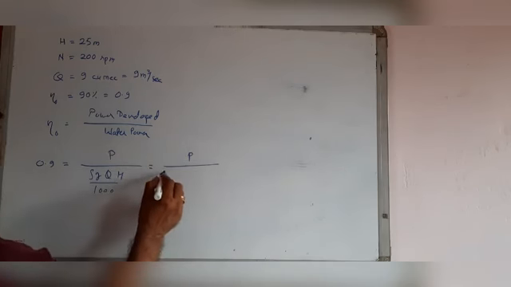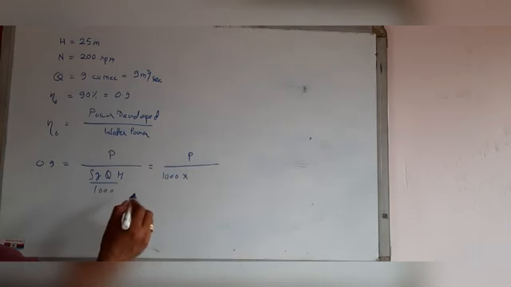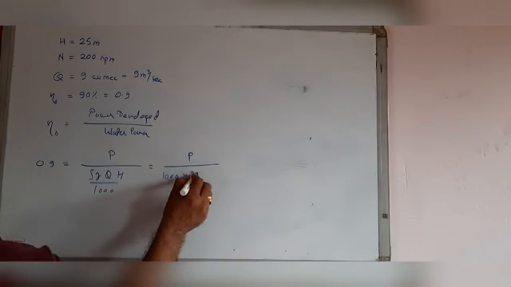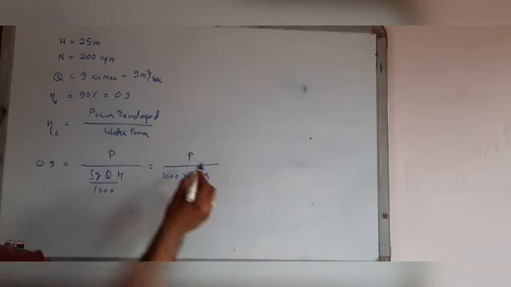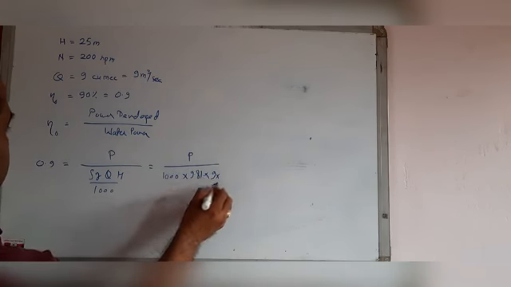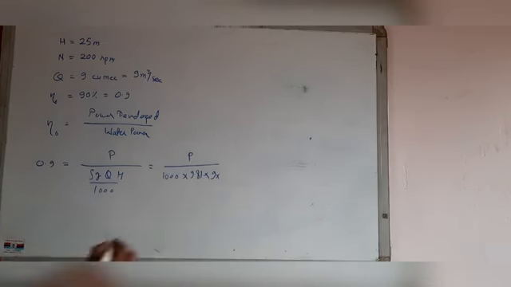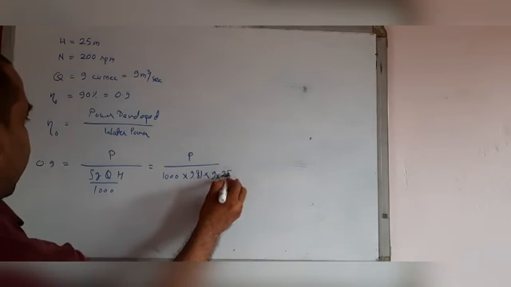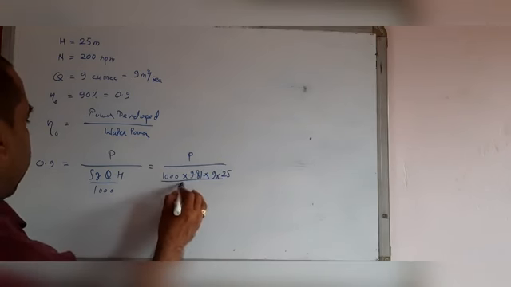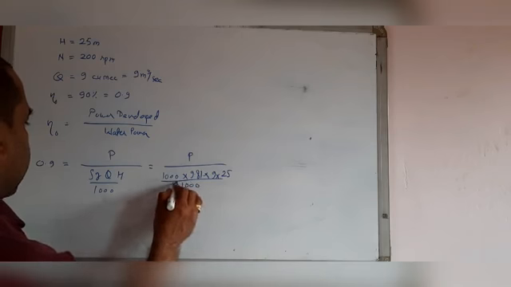That is P by rho, which is 1000 for water, and g is 9.81, Q is 9 cumecs and H is 25, by 1000.